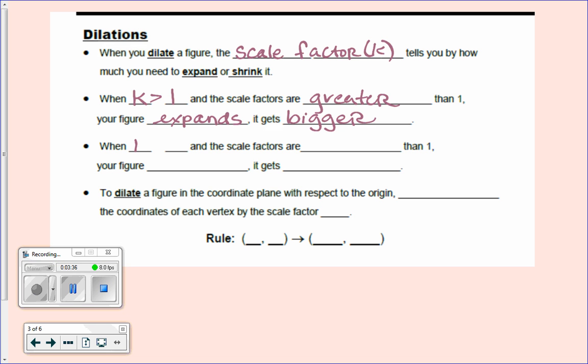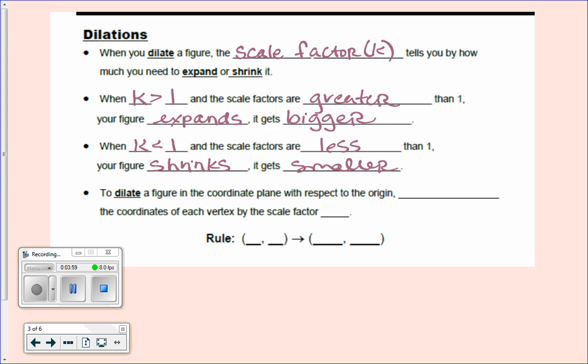When your scale factor is less than 1, what happens? Scale factors are less than 1. Your figure shrinks. It gets smaller.